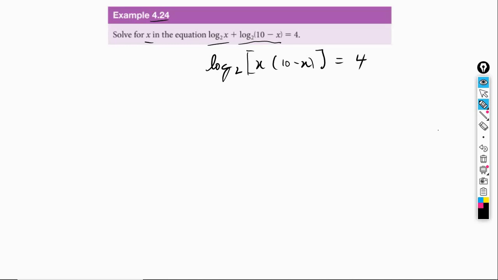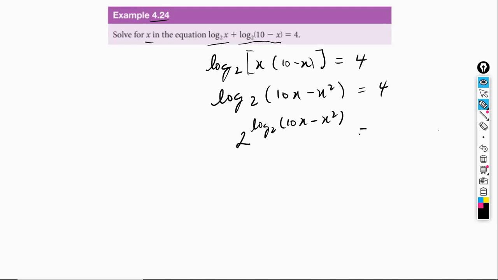And then from here, we're going to get that log base 2 of 10x minus x squared is equal to 4. And then we elevate both sides with base 2. So 2 to the log base 2 of 10x minus x squared is equal to 2 to the power of 4. From here, we obtain that 10x minus x squared is equal to 16.